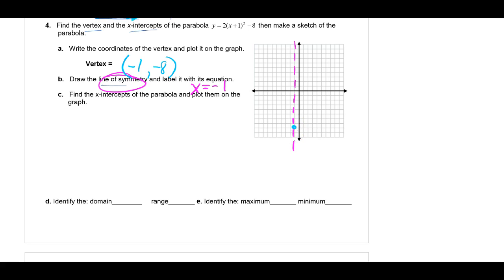And now the next thing I need to find is the x-intercepts. Okay, so let's remember that for x-intercepts, wherever they cross this x-axis, the y value is going to be 0. Because along this axis, the y value is always 0.